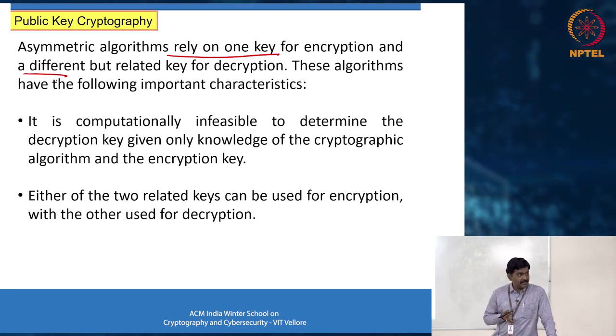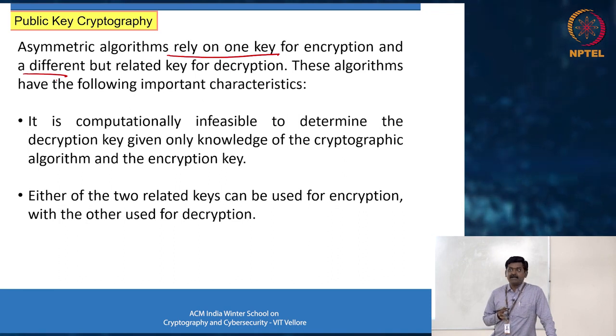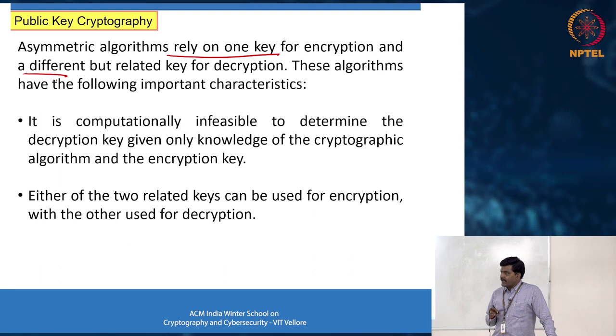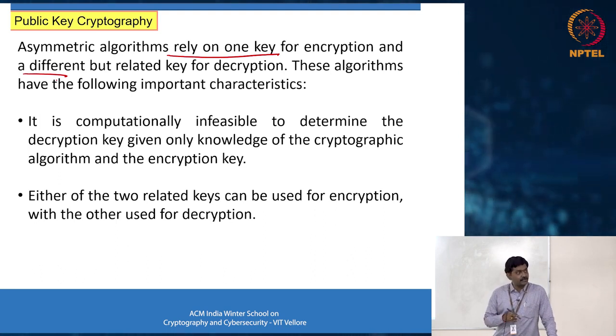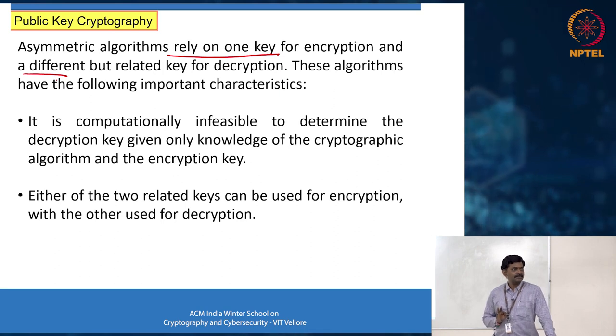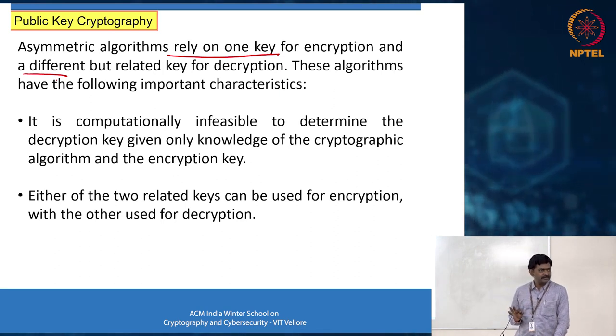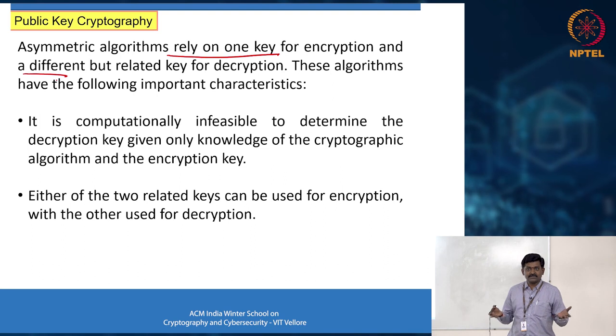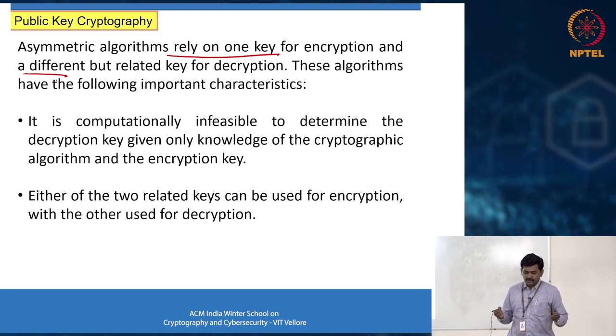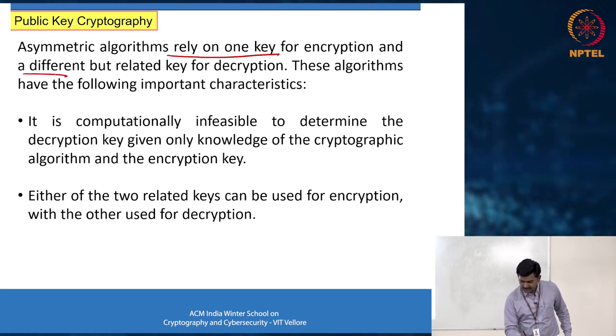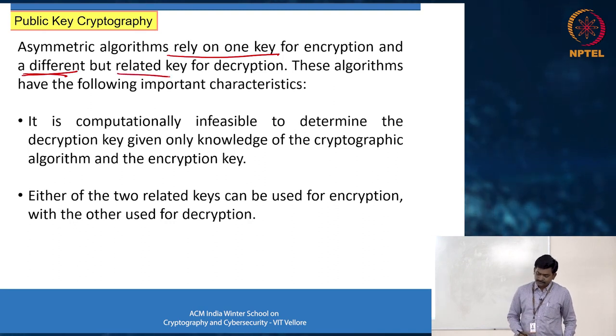So they should be related, otherwise decryption is not possible. But having such a relation should not allow the attacker to calculate. Are you able to understand? So encryption happens with one key and decryption with a different key, but they are related.